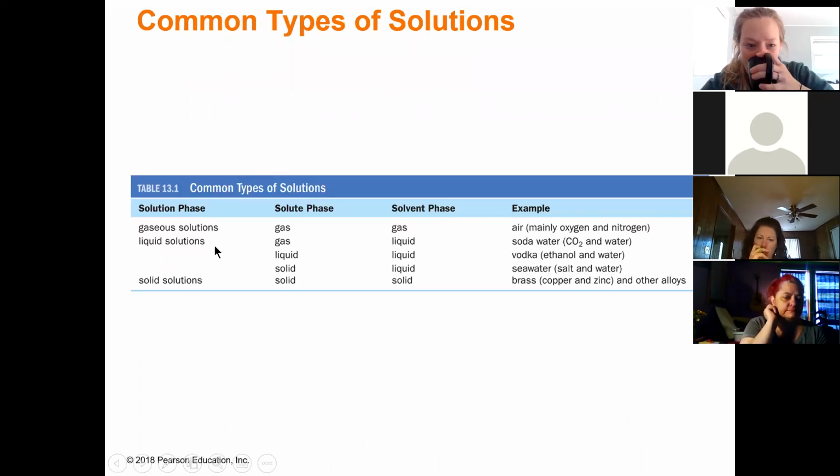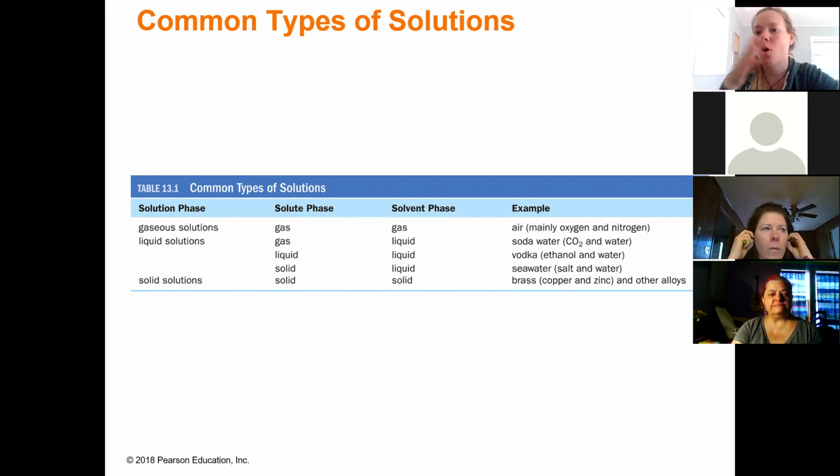So all different types of solutions. Again, in all of them, these two things are being mixed together and evenly mixed. So the concentration throughout the whole sample should be the same. If it's a 3 molar solution at the top, it should also be a 3 molar solution at the bottom.